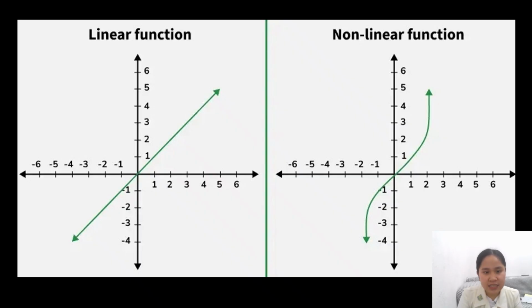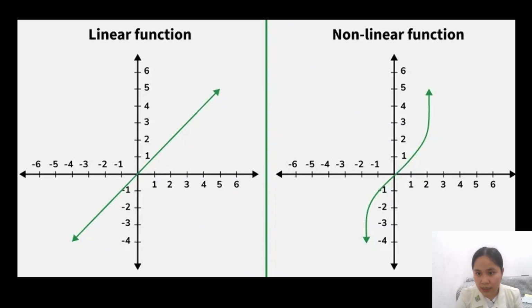Sa linear, makikita natin dito that it shows a straight line with a constant slope. Yung nonlinear naman, it shows a curved line. Ang tawag sa line na to is cubic line with changing slope. Nagbabago yung slope niya. Yung linear, constant slope. Remember that.